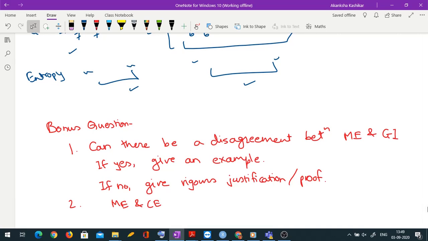So can there be a disagreement between misclassification error and cross entropy? If yes, give an example. If no, give rigorous justification or proof. And third is GI and CE. So Gini index and cross entropy, would they always agree? If you feel no, give an example. If yes, give justification.